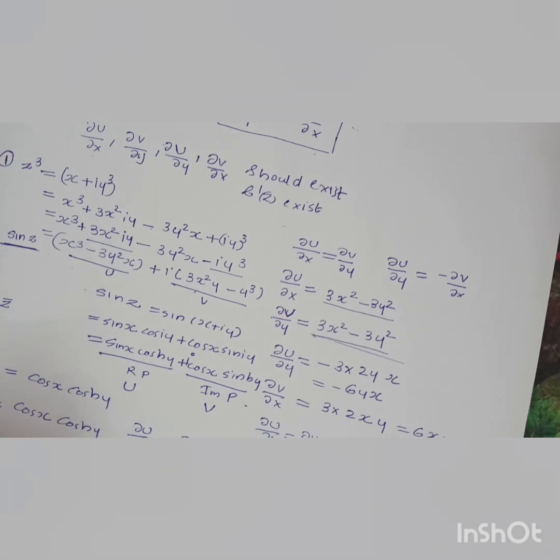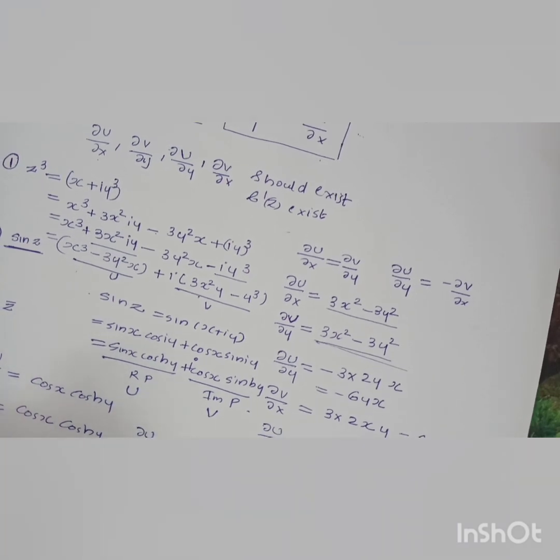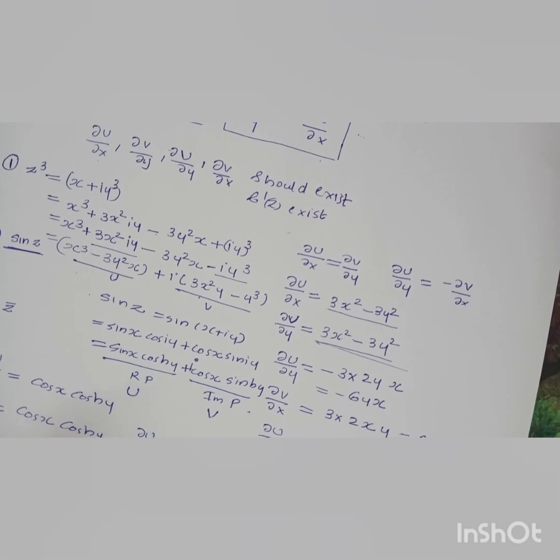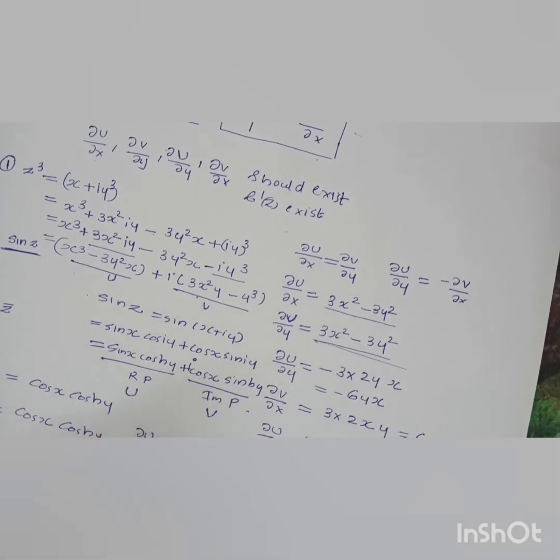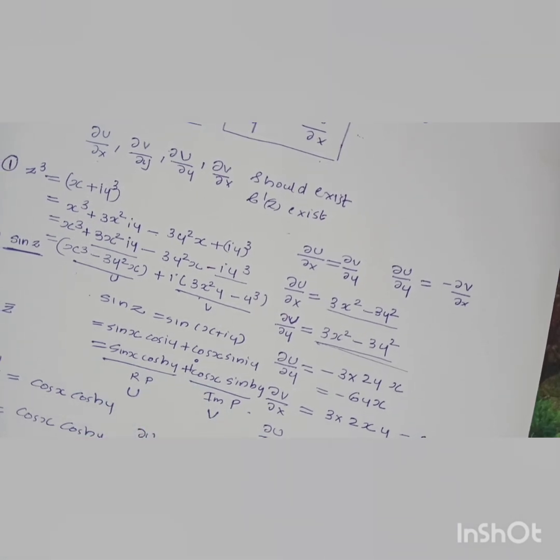Okay, and ∂u/∂y is sin x cosh y derivative with respect to y, that is sin x sinh y, and ∂v/∂x is the derivative of cos x sinh y with respect to x, that is minus sin x sinh y. So these are the same in magnitude.